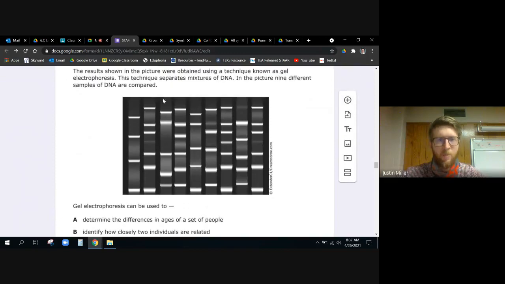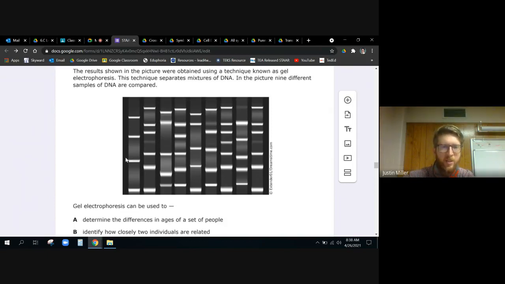Okay, this picture here, it says the results shown in the picture were obtained using a technique known as gel electrophoresis. You don't need to know what that means. All you need to know is that this technique separates mixtures of DNA and it will show you side by side how close the DNA is.